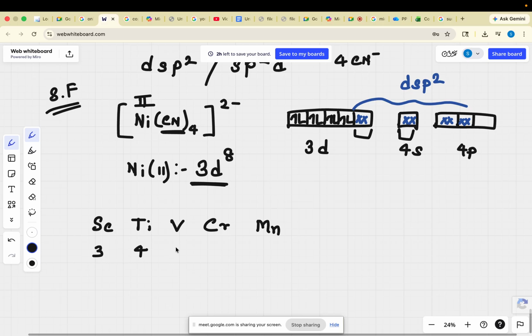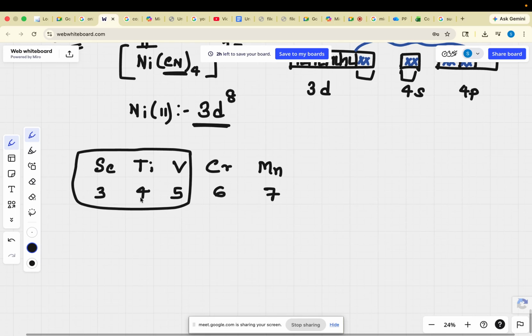Titanium you have 4 electrons. In vanadium you have 5 electrons. Chromium you have 6 electrons. Manganese you have 7 electrons. So if I talk about scandium, titanium, vanadium, only 3 4 5, right? So you are getting a low number of electrons from the metal center.